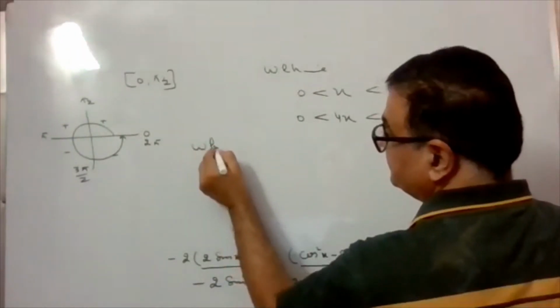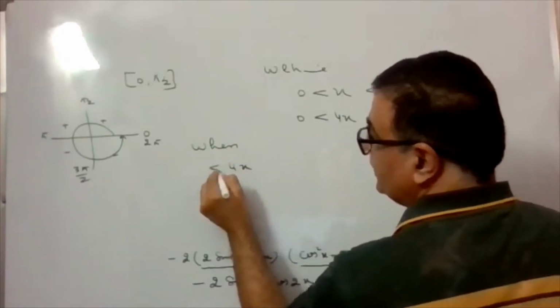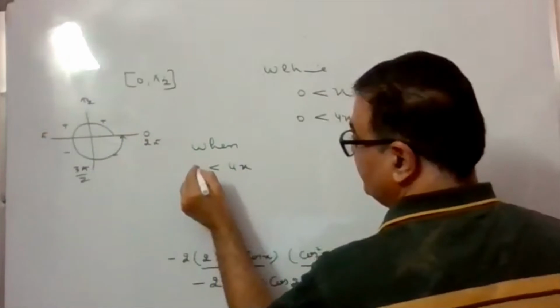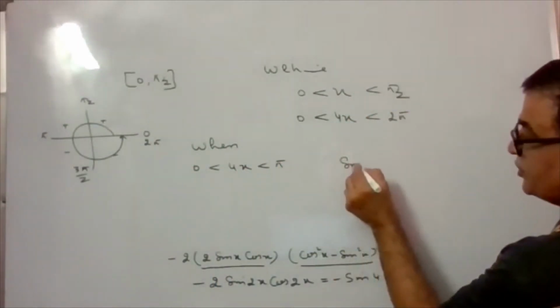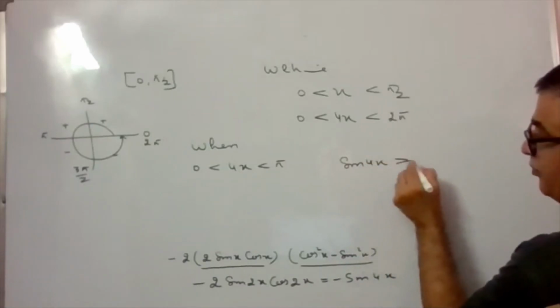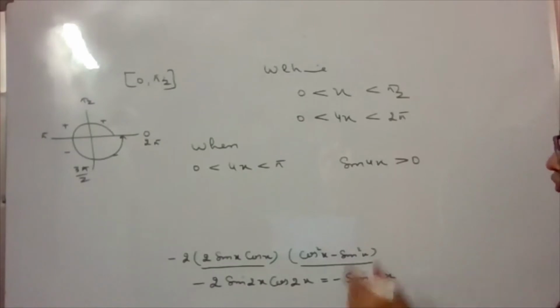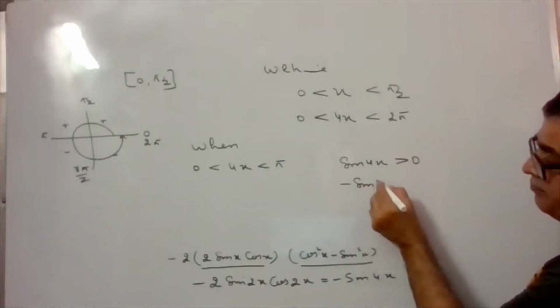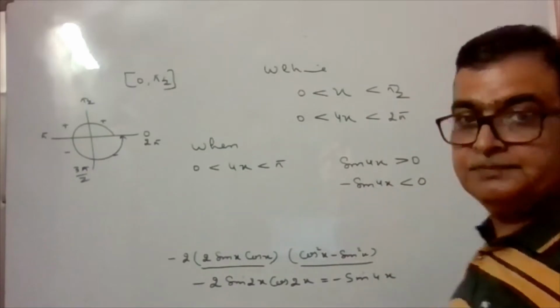When 4x is between 0 to pi, because there it is positive, then I should say sin 4x is a positive number. If sin 4x is a positive number, then clearly minus sin 4x will be negative.